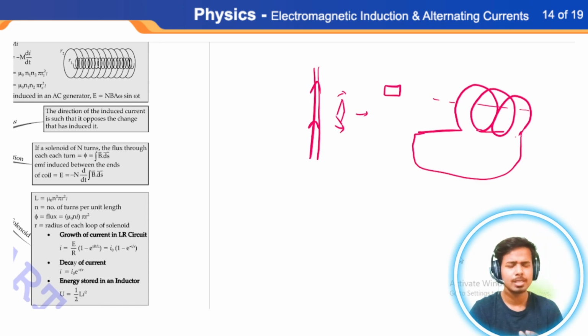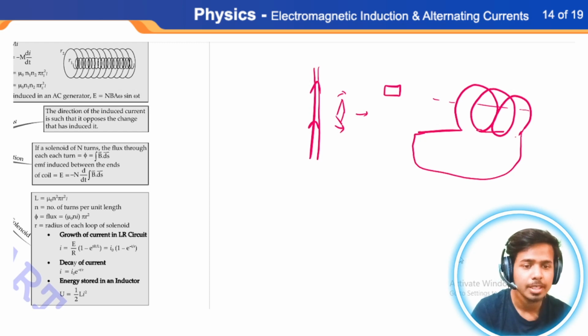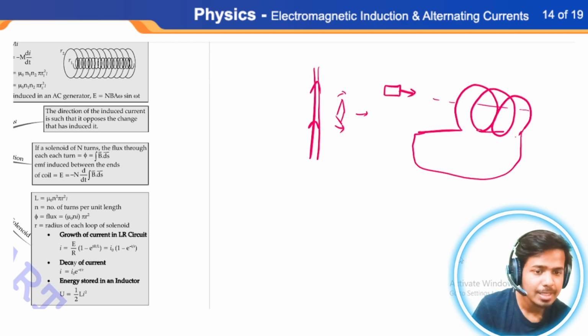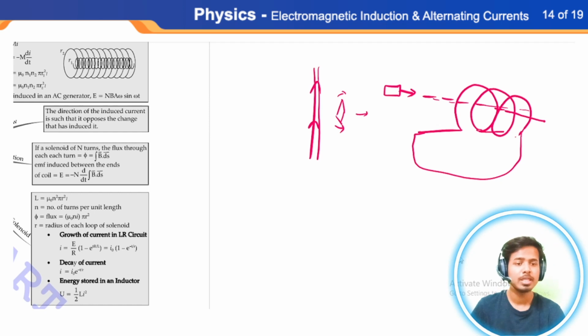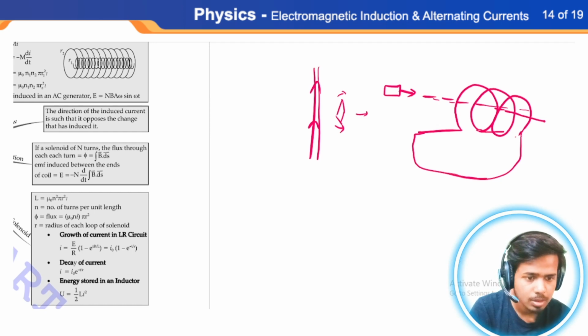So he had several ideas, but they were not working out, due to which he was getting frustrated, and out of frustration he actually mistakenly threw this magnet out anywhere, and it happened that it passed through the coil. It was just a coil, not connected to any other battery.